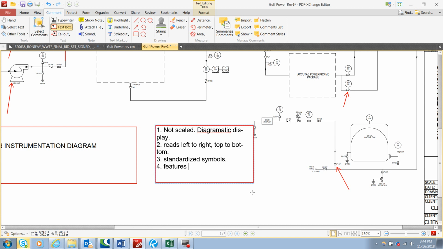Features tags or identifiers. Those are the numbers that you see through here. Even though the symbols repeat, there's multiple valves, each one of them is uniquely numbered. So you have to do that as well.